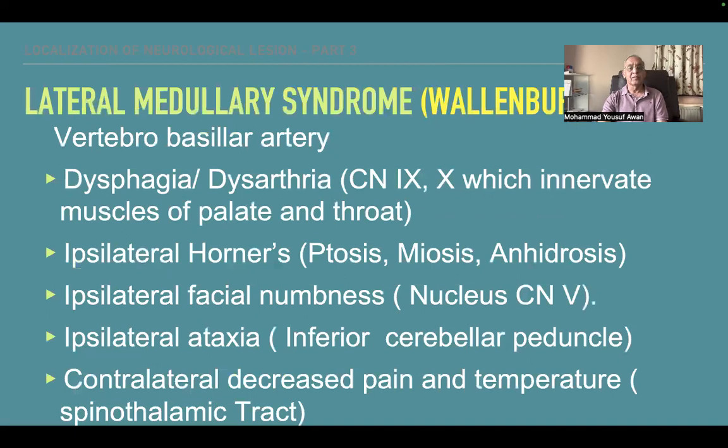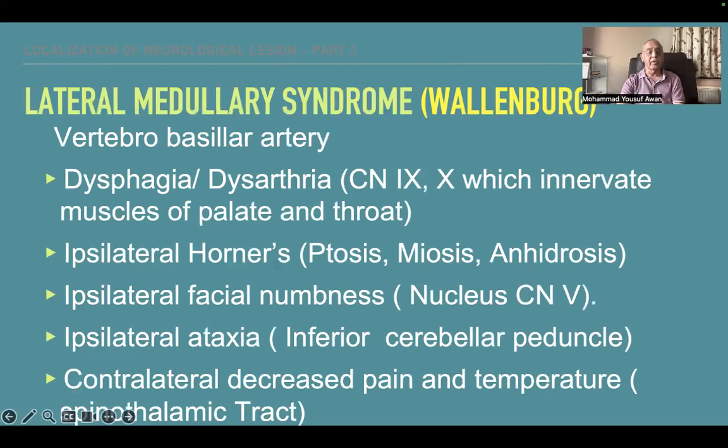This is another syndrome, called lateral medullary syndrome or Wallenberg syndrome, and this is the result of a vertebrobasilar artery deficit.